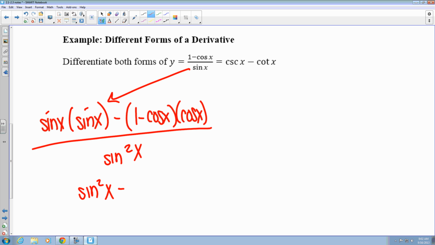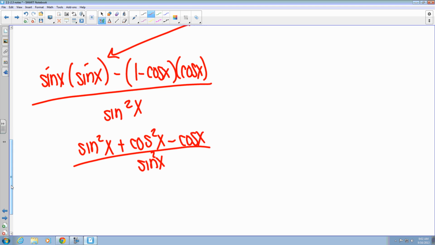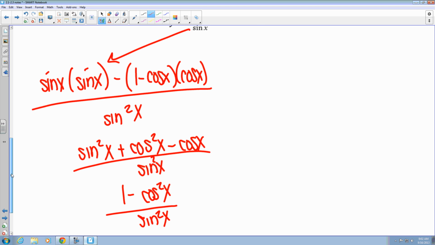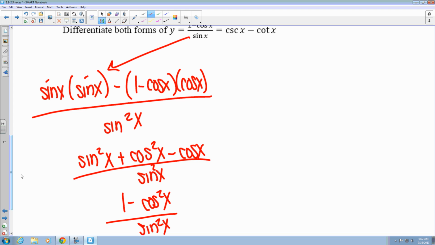Distribute through. Sine squared plus cosine squared is 1. And that would be simple as we would go. Let's try to keep that in sight as we work with the right-hand side.